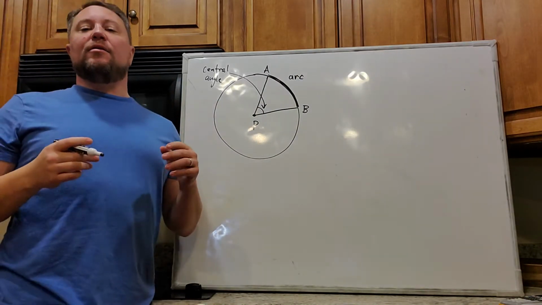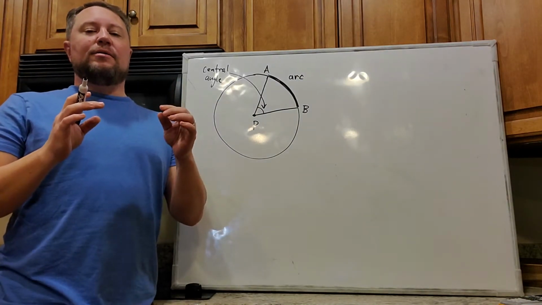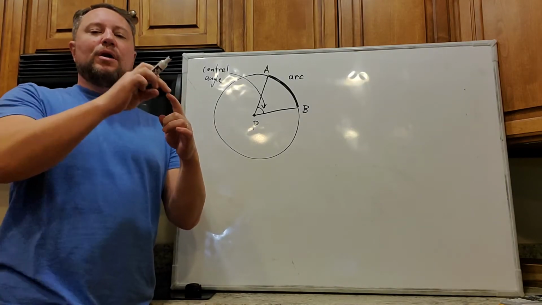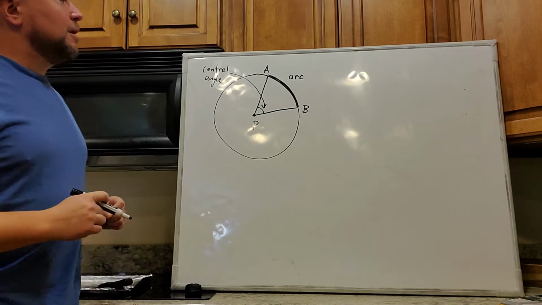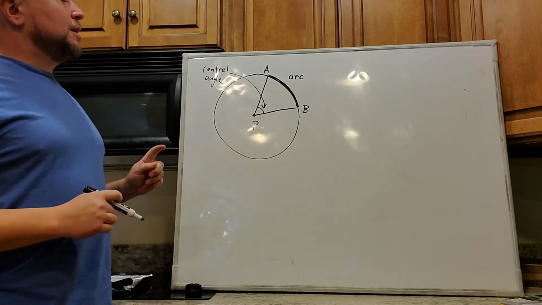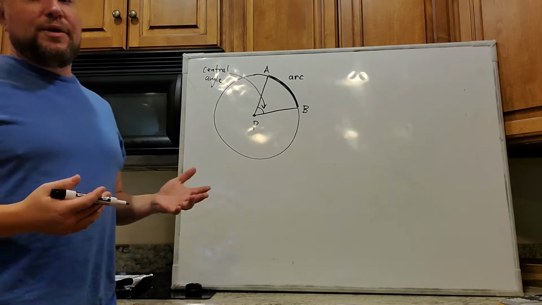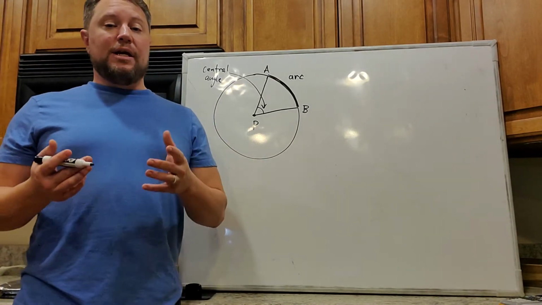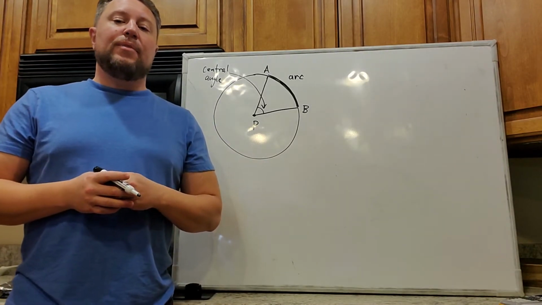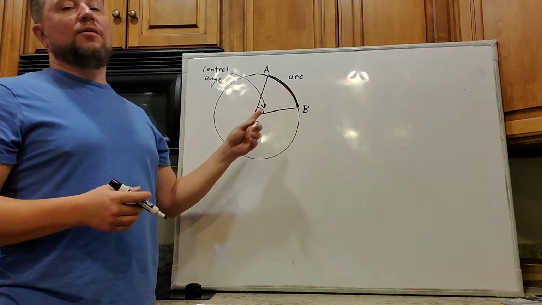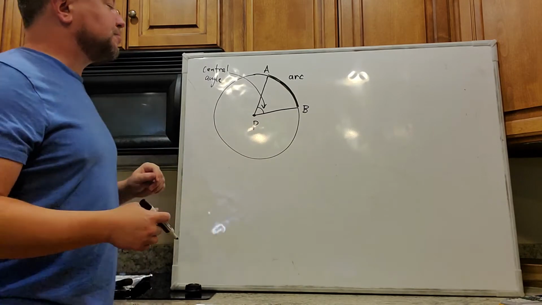It's kind of like electricity, how sometimes electricity will jump from one end to another and form an arc. Arcs have certain measures, and the measure of the arc is in degrees, just like an angle would be. In fact, the measure of that arc is determined by its central angle.